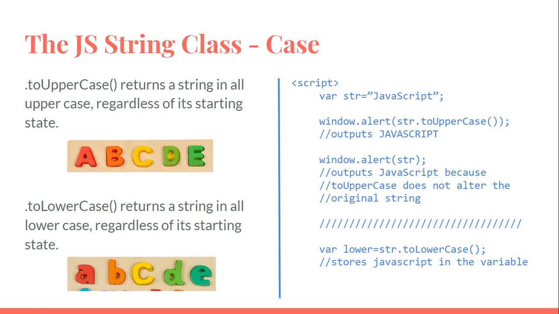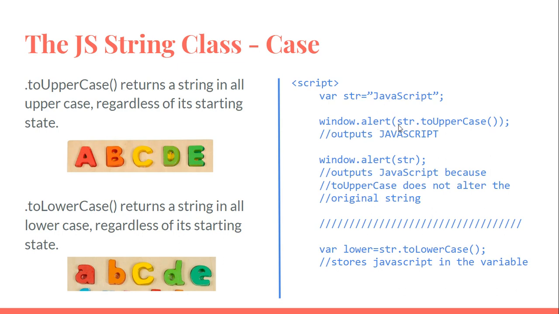Okay, let's get started. So, case. There are two methods that allow us to alter the case. We've got toUpperCase, which returns a string in all uppercase, and toLowerCase, which returns a string in all lowercase. So you'll see here, I've got a string stored in the variable strJavaScript, which is a mixture of uppercase and lowercase letters.